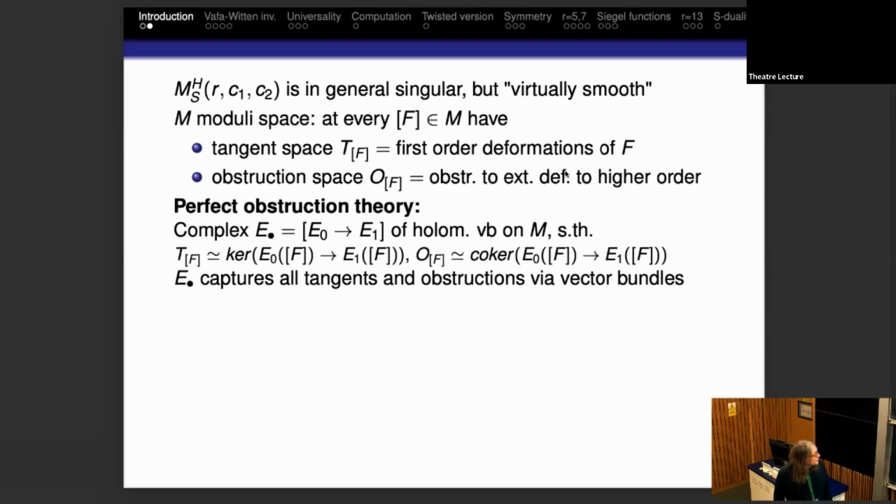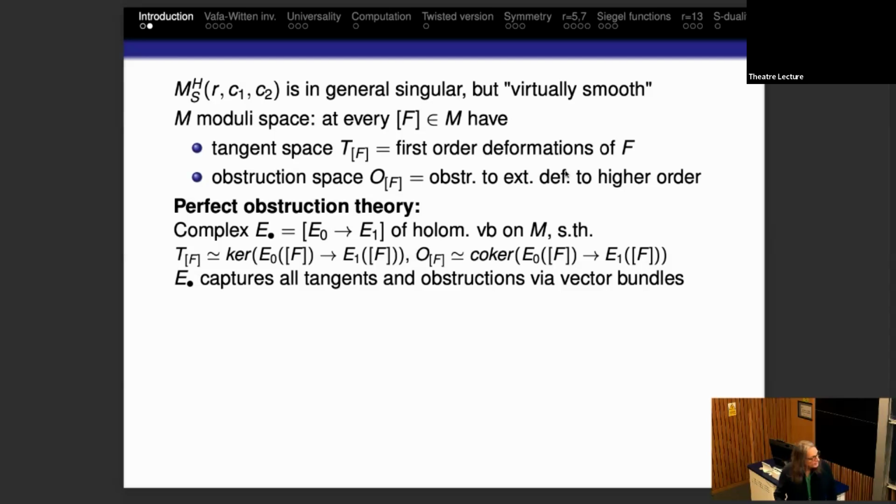And so there's a notion of perfect obstruction theory, which means we have a complex of two vector bundles on the moduli space, which are globally defined, such that for every object in the moduli space, the kernel of this map is the tangent space, and the cokernel is the obstruction space.